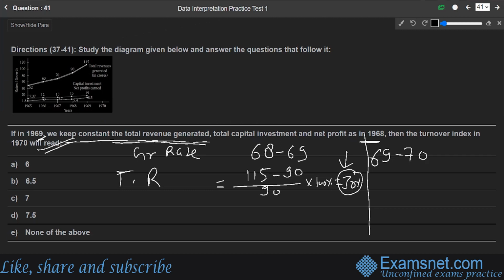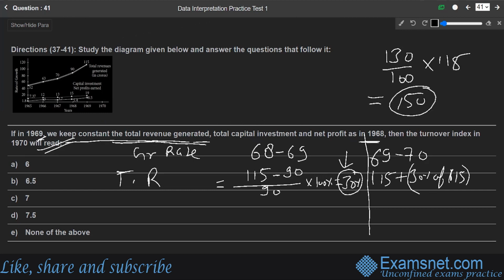So in 69 to 70, the next value should be 115 plus 30% of 115, which is actually 130% of 115 directly. If we calculate this, it comes out to be exactly 150.